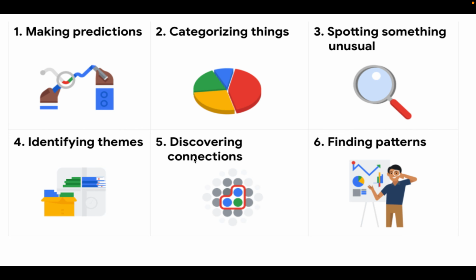Number five, discovering connections. This is about different entities that have to share data, so the business model is more effective, just like e-commerce and logistics.